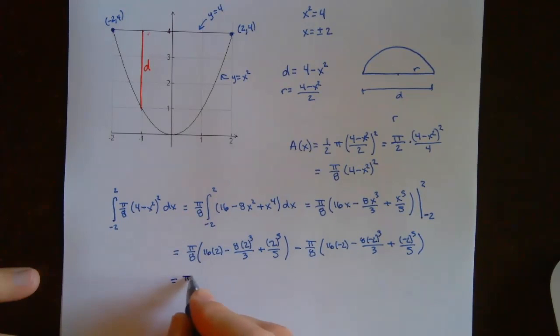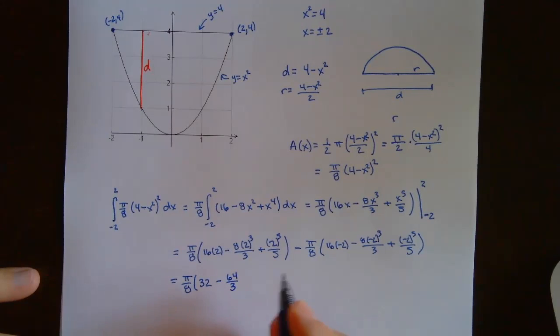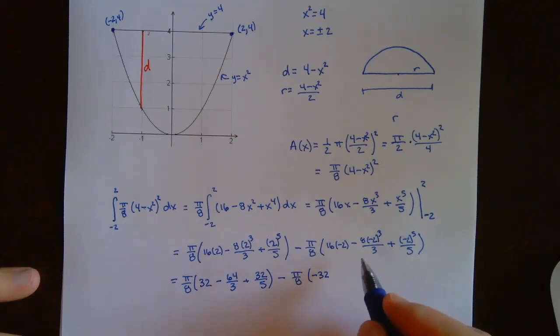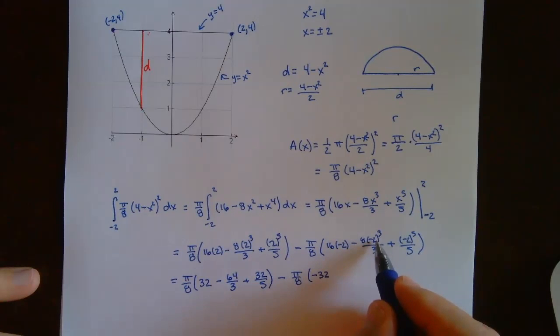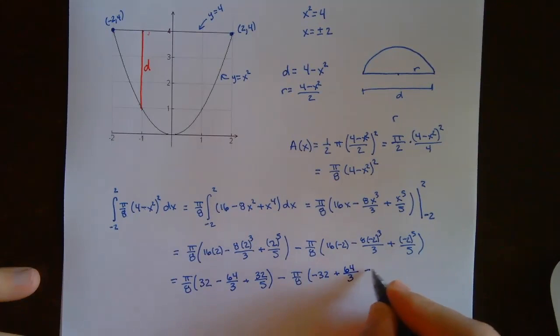Then this becomes pi over 8 times 32. 2 cubed would be 8 times 8 is 64, so minus 64 thirds, and this would be 32 fifths, minus pi over 8 times -32. And then this would be -8, but times -8 would be positive 64, so plus 64 over 3, and this would be minus 32 over 5.